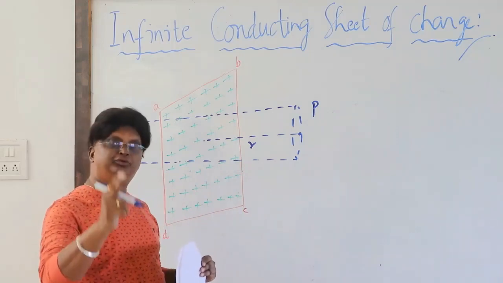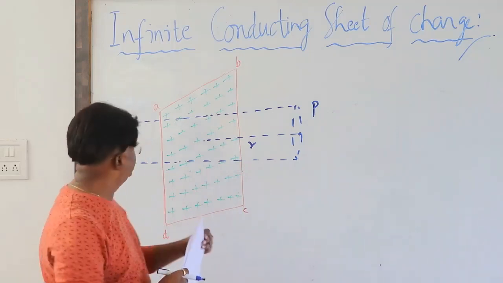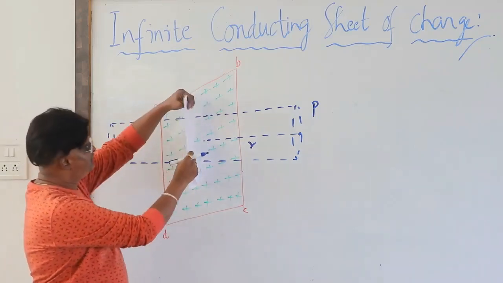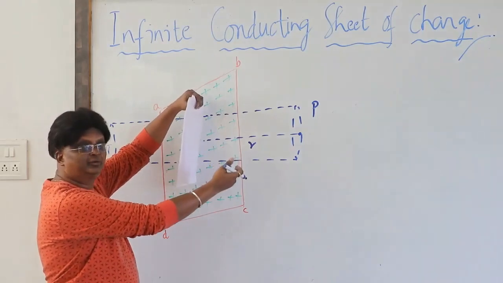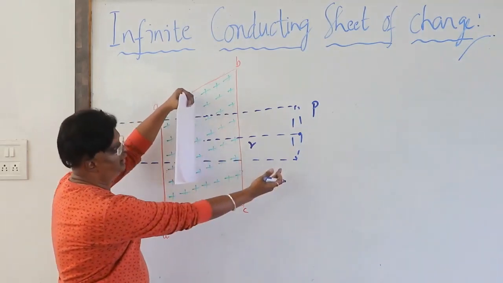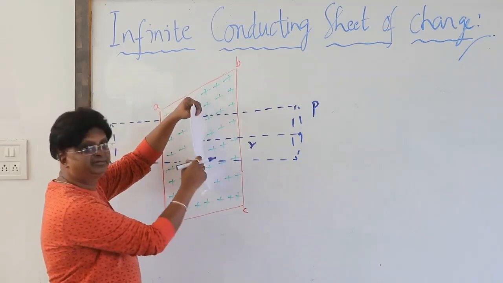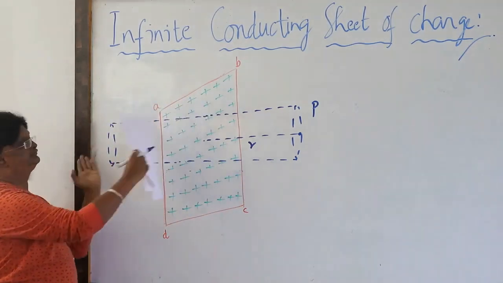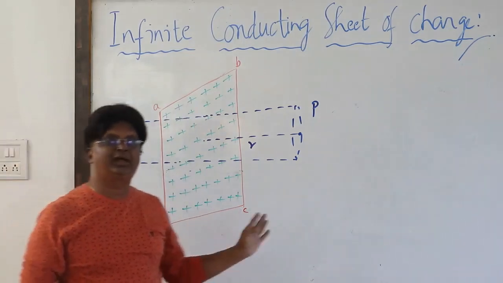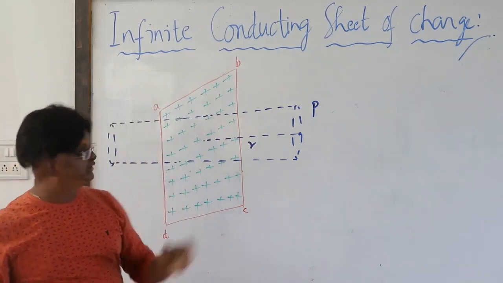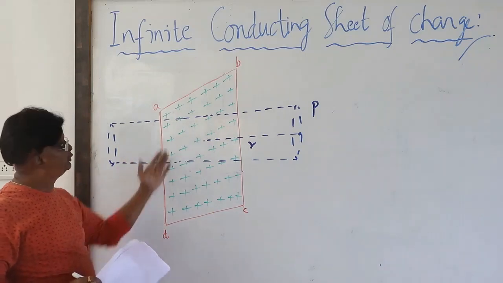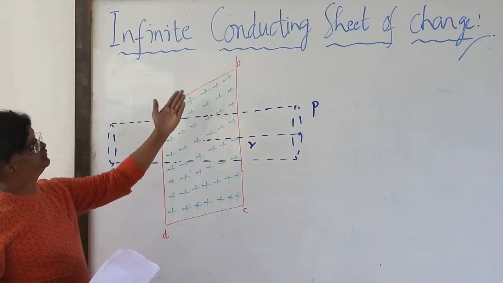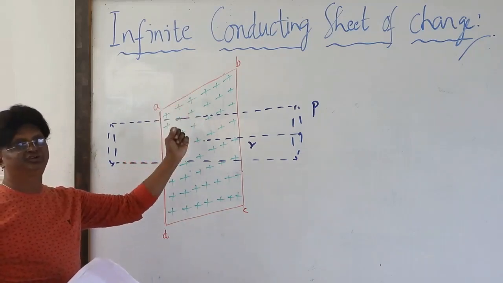Both sides will have the flux, and that is why, if this is the sheet, the Gaussian surface is a cylinder whose half is towards your right hand side, and the second half of the cylinder is to your left hand side. Why do we have to consider both sides? Because the flux is contributed by both parts in the case of a conducting sheet of charge.